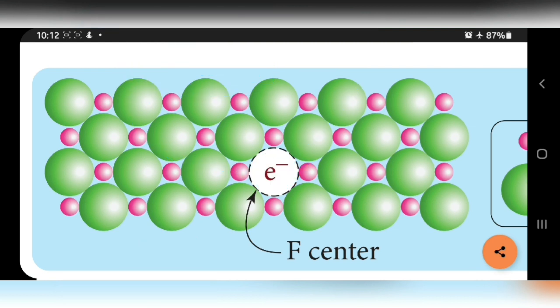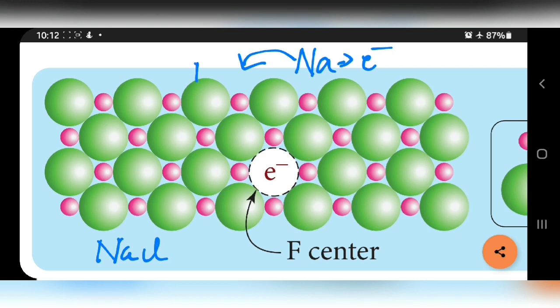Please listen carefully, my dear student. This is a NaCl crystal. If you are heating this NaCl crystal in the presence of sodium, the sodium loses an electron and is converted into Na plus, and that Na plus occupies this surface.